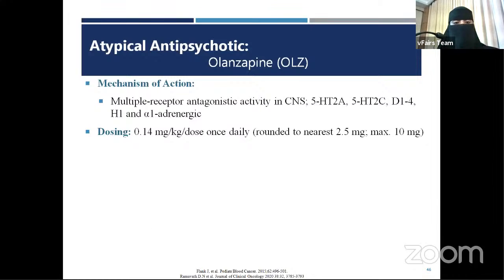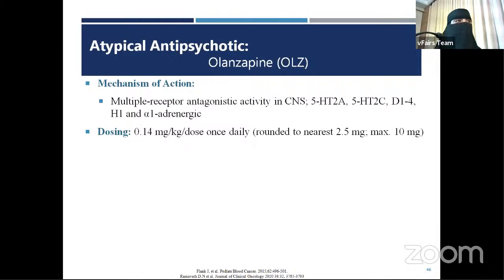Moving to the fourth class, it's an atypical antipsychotic, which is olanzapine. It's not yet in the protocol. The mechanism of action is directly antagonizing serotonin, dopamine, and H1 in the CNS. The recommended dose is 0.14 milligram per kg once daily.